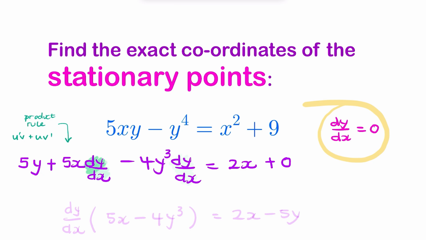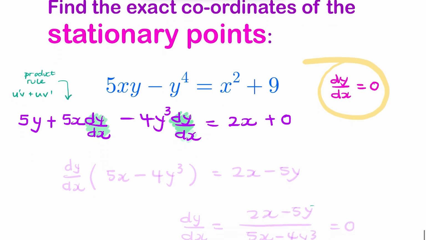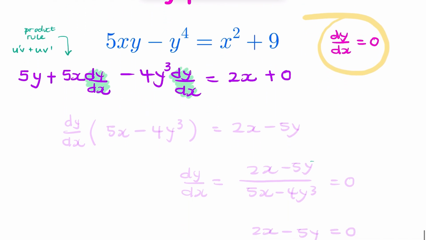Now we need to rearrange to find dy by dx. So anything that doesn't have dy by dx in it, we can move to the other side.